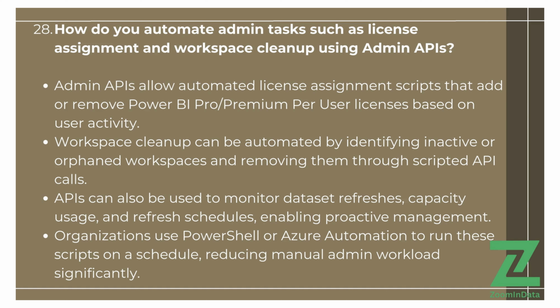Workspace cleanup can be automated by identifying inactive or orphaned workspaces and removing them through scripted API calls. APIs can also be used to monitor dataset refreshes, capacity usage, and refresh schedules, enabling proactive management. Organizations use PowerShell or Azure Automation to run these scripts on a schedule, reducing manual admin workload significantly.